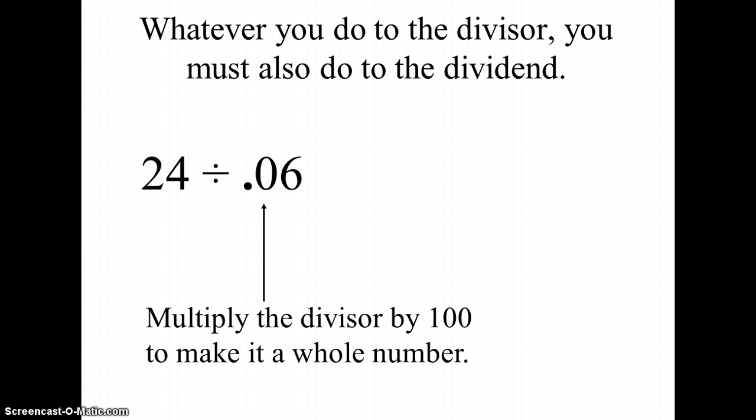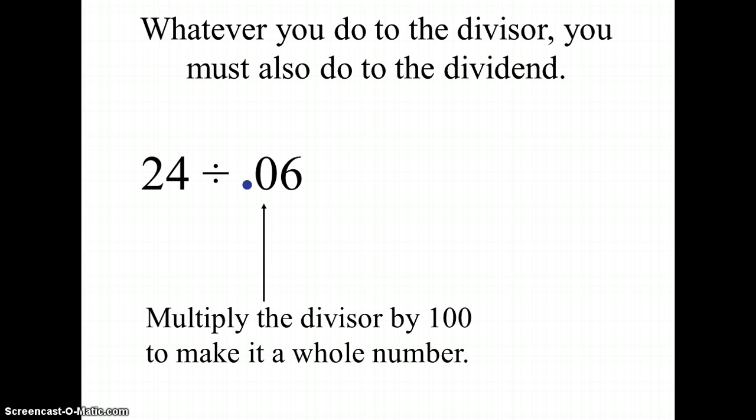Whatever you do to the divisor, you must also do to the dividend. So, to turn 6/100ths into a whole number, I need to multiply the divisor by 100. Notice, when I read this as a decimal, 6/100ths needs to be multiplied by 100.